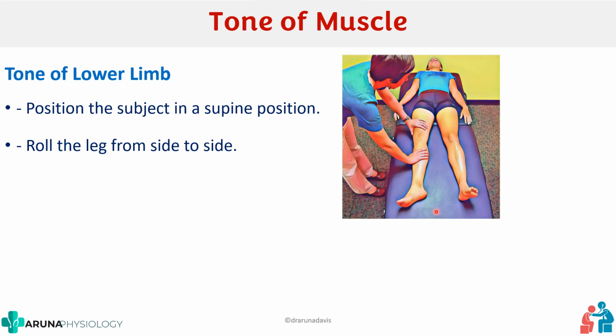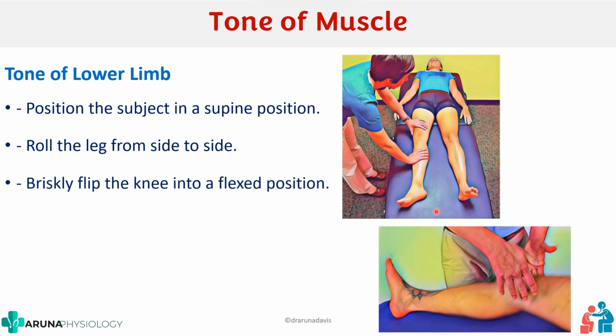Another method to check for the tone in the lower limb is by briskly flipping the knee. You can just hold the knee like this and briskly flip the knee into the flexed position. When you do that, you can observe how the feet is coming down. So that is one more method by which you can check for the tone of the muscle. One is leg rolling and the other is flipping the knee, right?